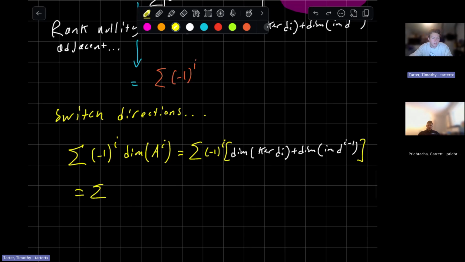Let me check Google. If you were to distribute out the (-1)^i to both, and then pull the -1 out from there.